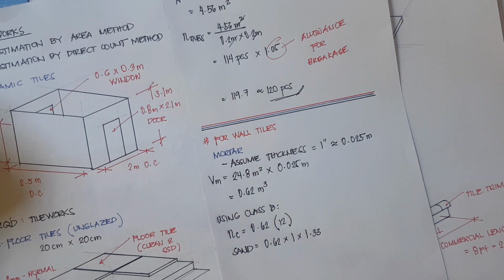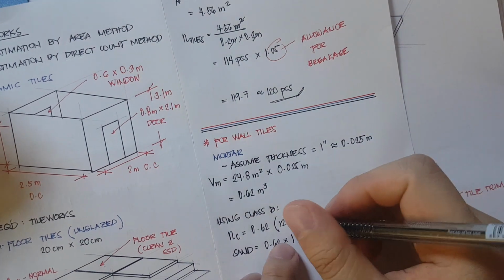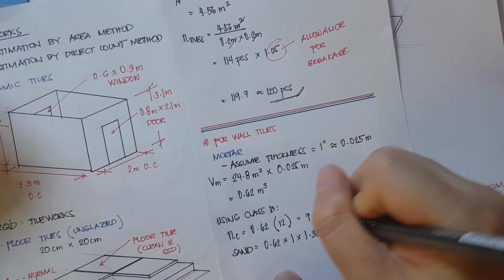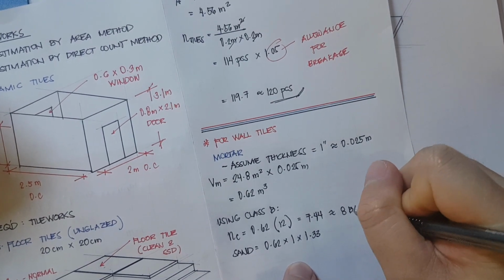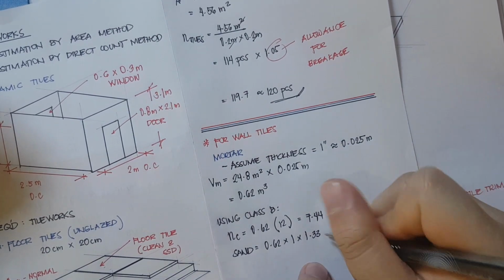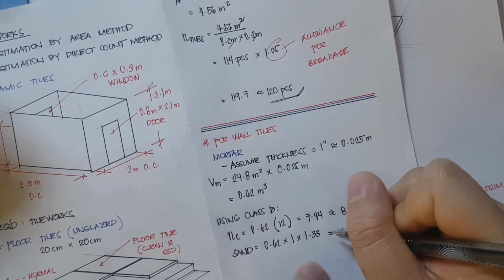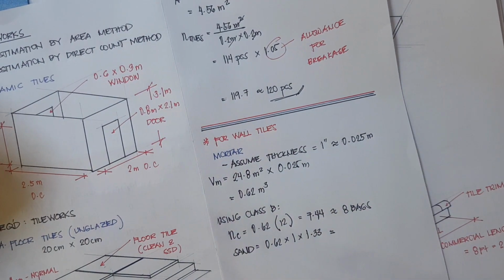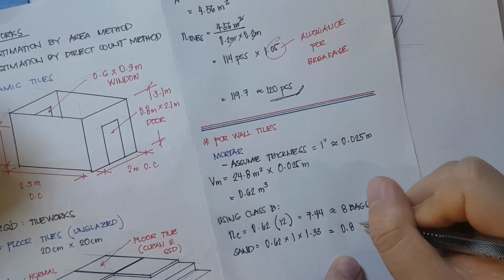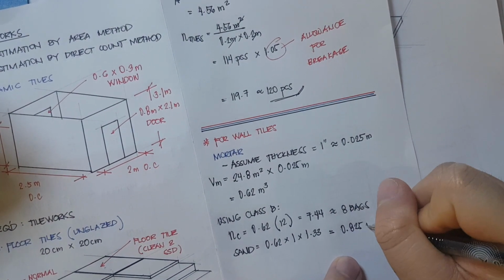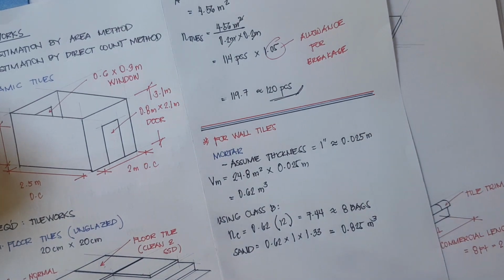So, computing. 0.62 times 12, that is 7.44, and that is equivalent to 8 bags of cement. 0.62 times 1 times 1.33 is equivalent to 0.825 cubic meter.